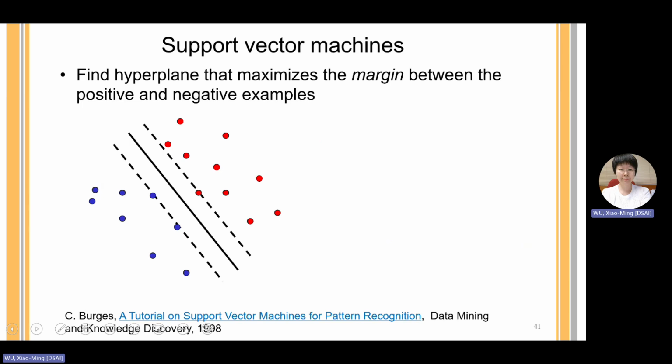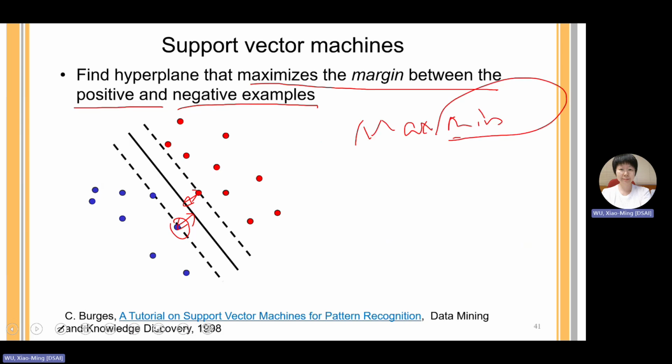We will not go into detail. The green one maximizes the margin between the positive and the negative examples. The margin is defined as the minimum distance between the supporting vectors and the hyperplane. So it's a max-min problem.